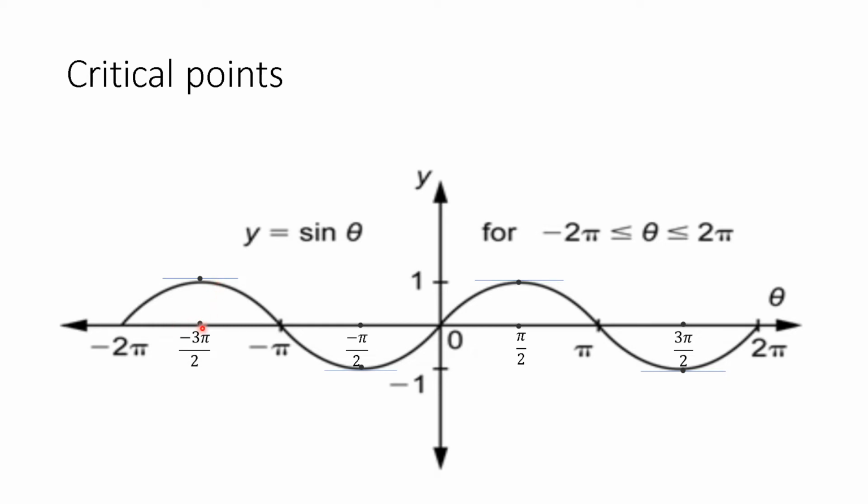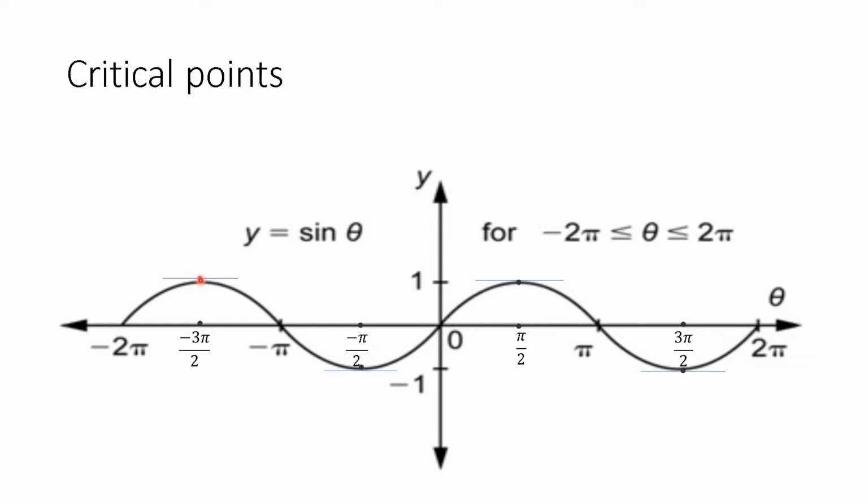Tangent is parallel to x-axis means what? That means the slope is 0. Slope is 0 means tan theta is 0. That means at this point minus 3 pi by 2, the slope is 0.